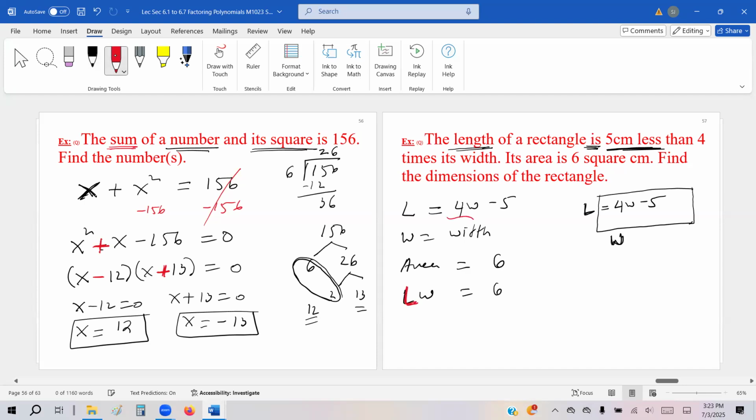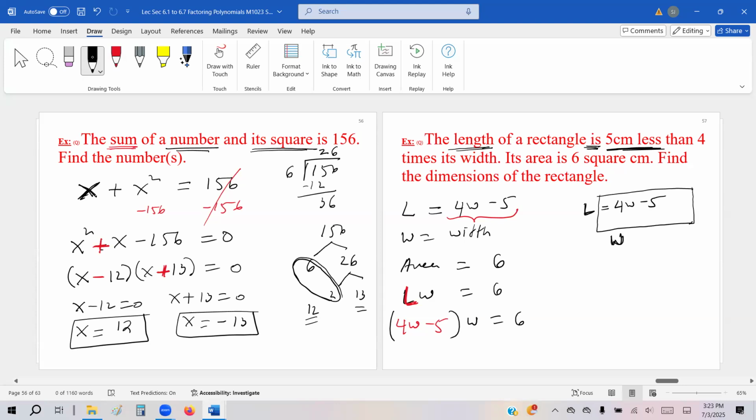L is 4W minus 5. I did nothing, I just rewrote what information they gave us. They told us length is 5 less than 4 width, which means 4W minus 5. The area is 6, which means length times width is 6.